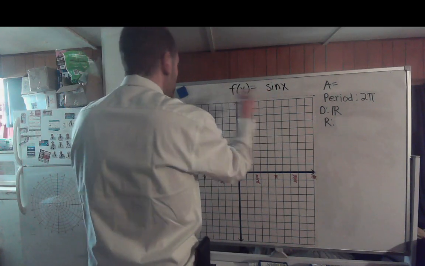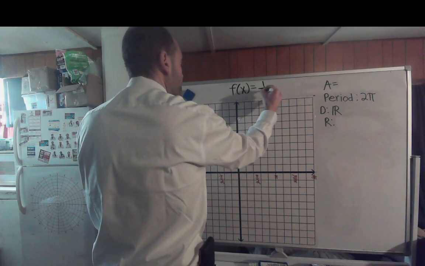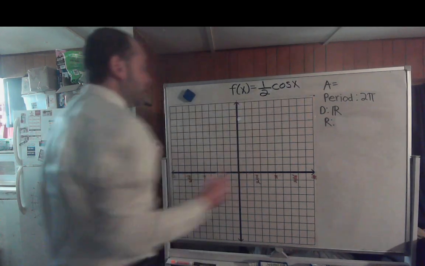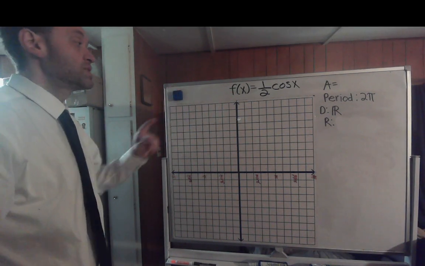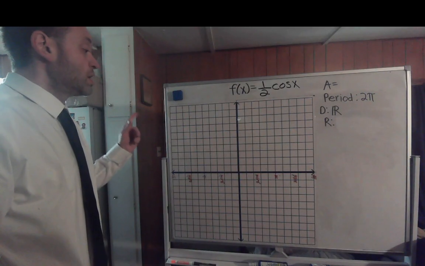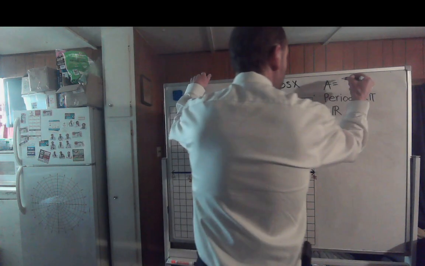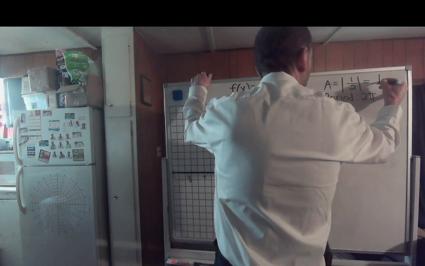Okay, so let's make this one f of x equals half of the cosine of x. So f of x equals half of the cosine of x. Okay, so that's going to end up being your amplitude would be the absolute value of that 1/2, which would of course give you 1/2.